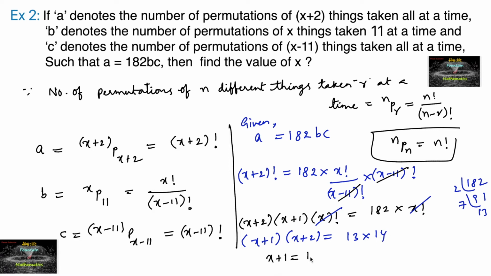So here we can write x plus 1 is equal to 13, so x is equal to 13 minus 1, that is 12. Or we can just multiply and simplify the factorization, and you can also get the value x is equal to 12. So we can just give an answer, the value of x is 12. Okay, right. Let us see another example.